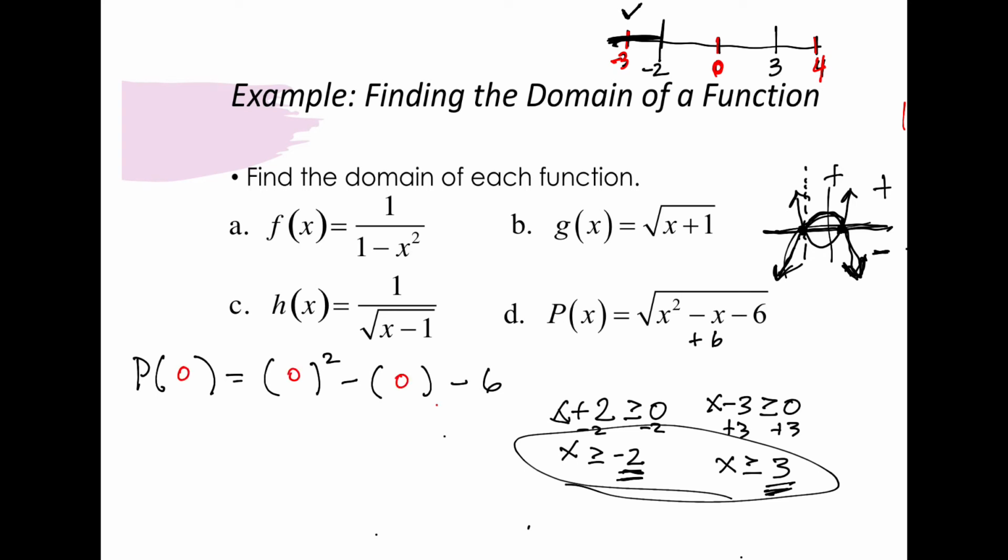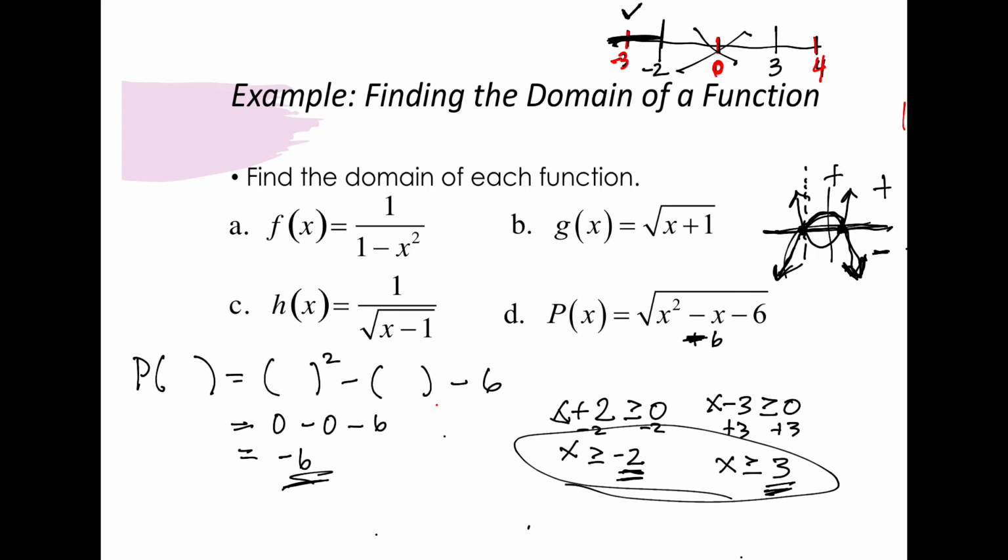I love zeros because they just always work out so nicely because they pretty much just eliminate themselves. 0 squared is 0, minus 0, and then minus 6. So we have basically -6 as my output. That's negative. We can't have -6 under there, so that's bad. So we know that between -2 and 3, remember I just picked a random number somewhere between -2 and 3, and I got something negative. Not allowed. So I can't have the area in between those two.